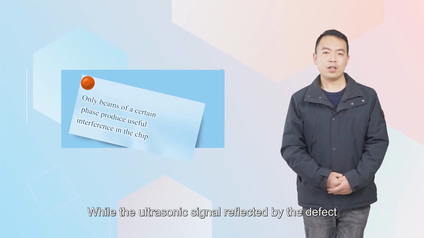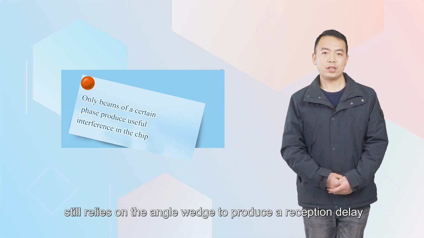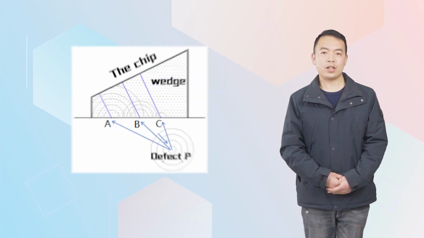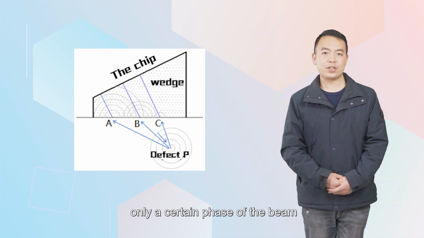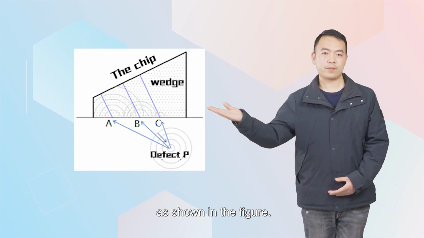While the ultrasonic signal reflected by the defect still relies on the angle wedge to produce a reception delay, only a certain phase of the beam will produce useful interference in the wafer, as shown in the figure.